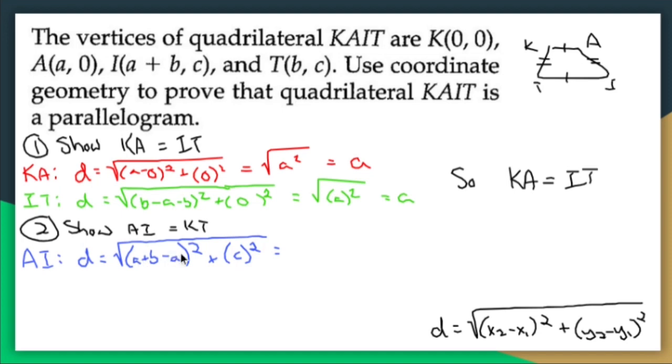A minus a cancels out, and that gives me just b squared plus c squared. Now let's not try to simplify that, because my goal is to make sure that KT is the same thing. So who cares if it's simplified?